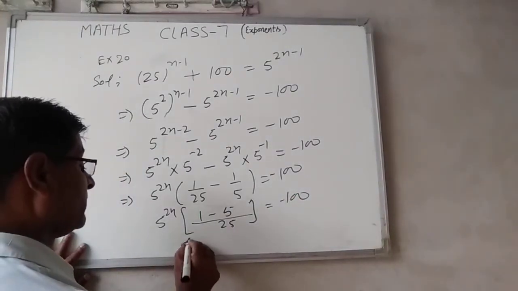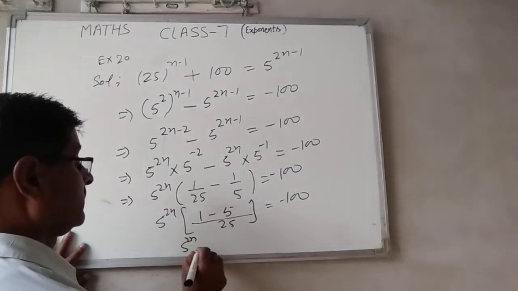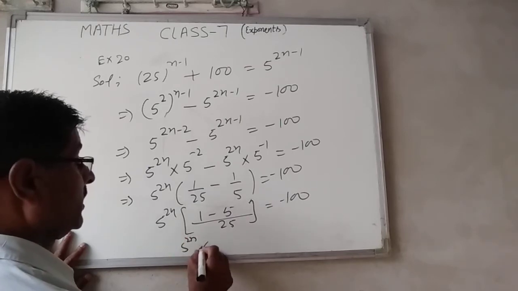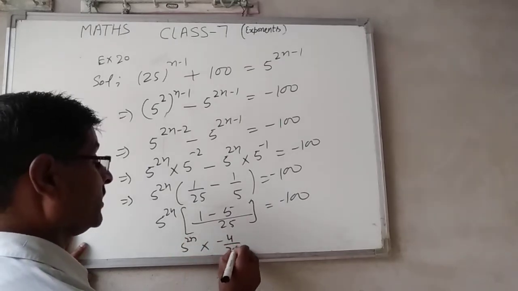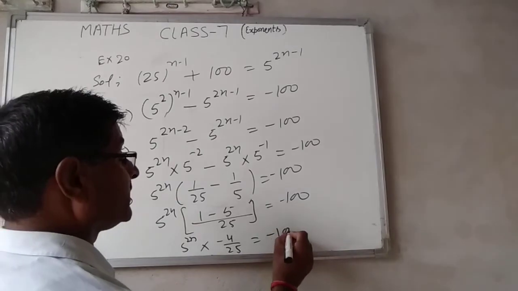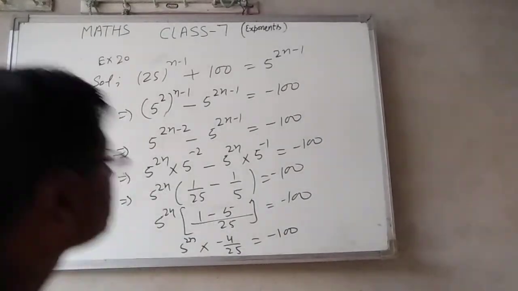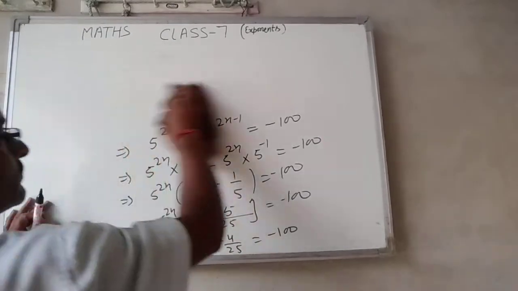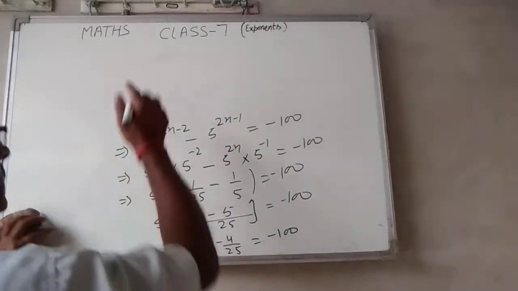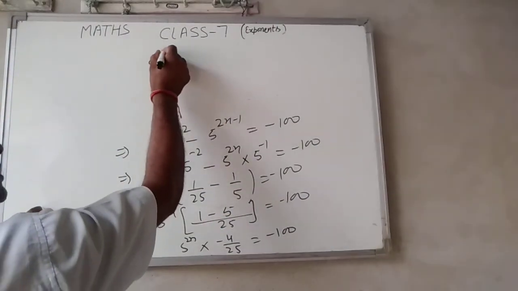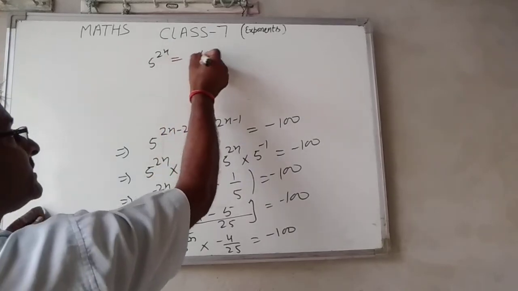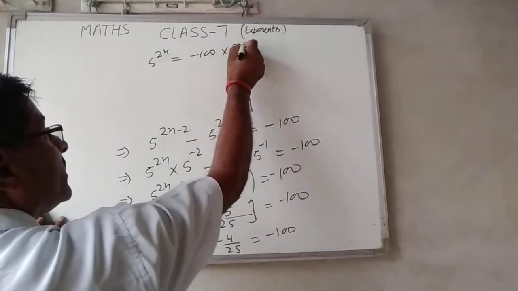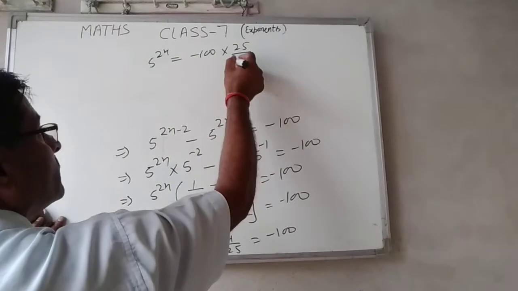So 5 to the power 2n into minus 4 upon 25 is equal to minus 100. So 5 to the power 2n is equal to minus 100 into 25 upon minus 4.